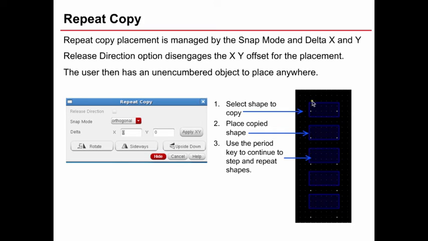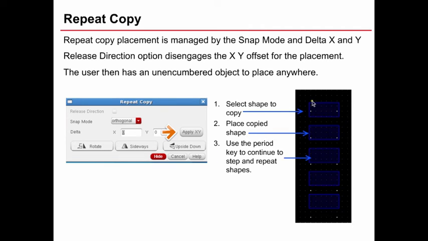Repeat copy. That's just a little bit simpler than the other copy command. So here we can say repeat copy, and at first let's look at snap mode and delta. So the delta would be if you would like it to repeat at a specific coordinate offsets, you would say apply XY.